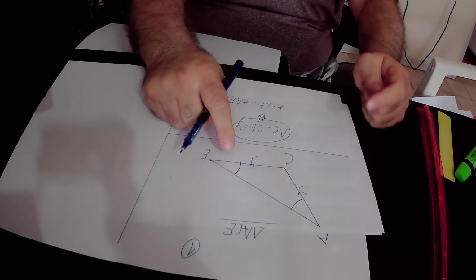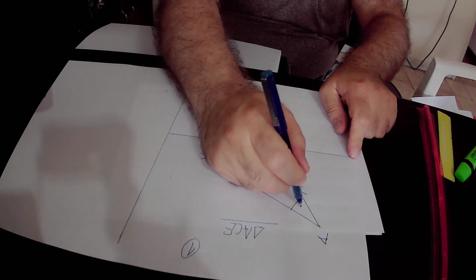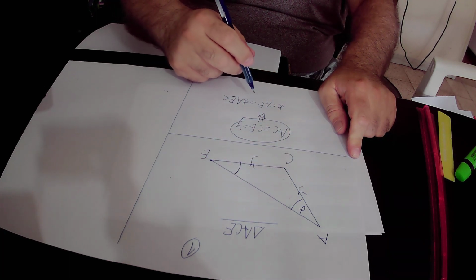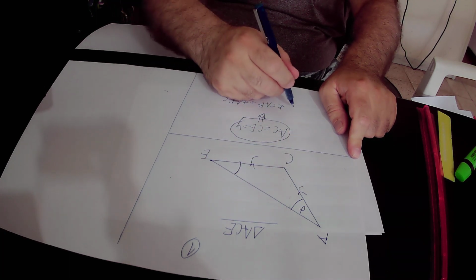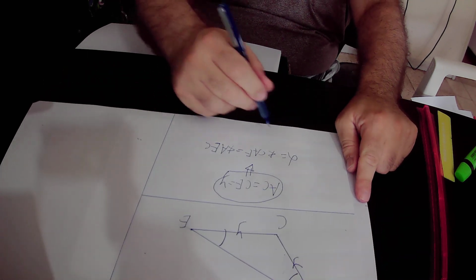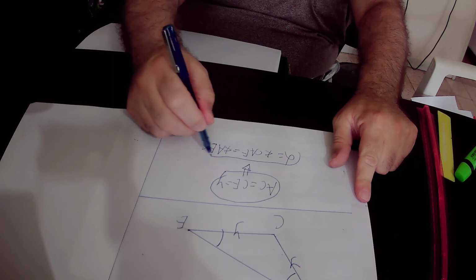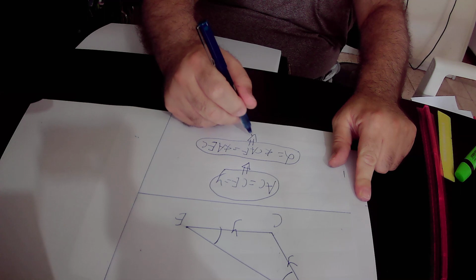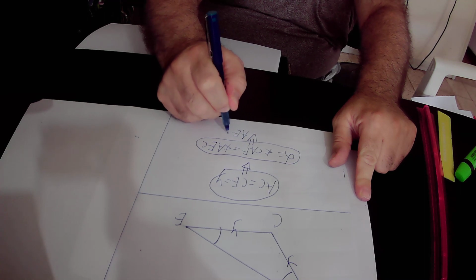So angle CAE must be equal to angle AEC because they are located in front of equal sides. So if we define angle ACE as alpha, angle CAE equals alpha according to our definition, then from this equation we derive that angle AEC is also equal to alpha.